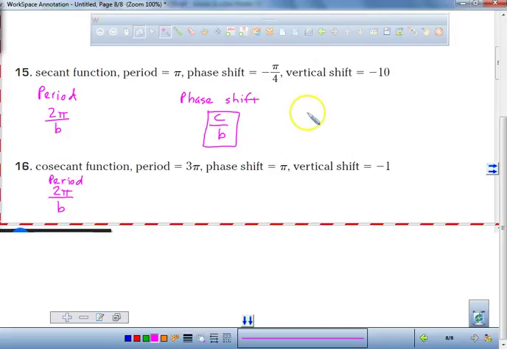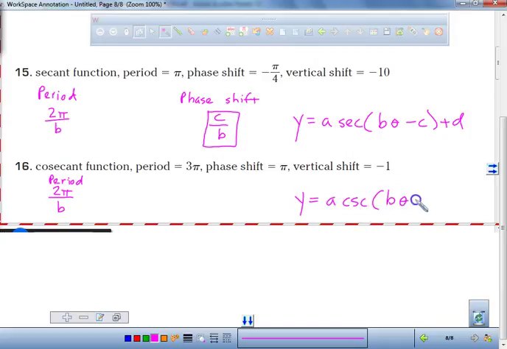Okay? So how do I want you guys to write number 15? Y equals a secant b theta minus c plus d. Y equals a cosecant b theta minus c plus d. Okay?